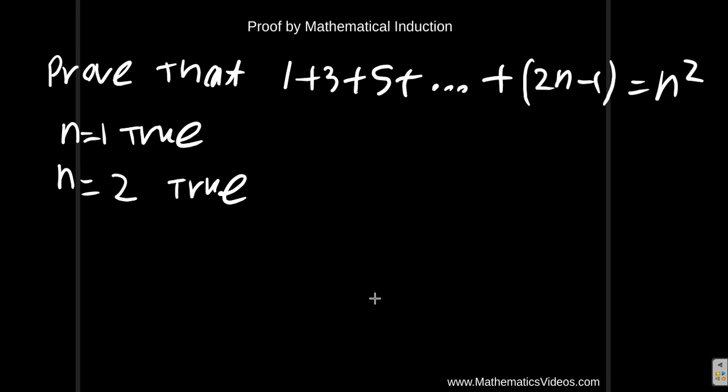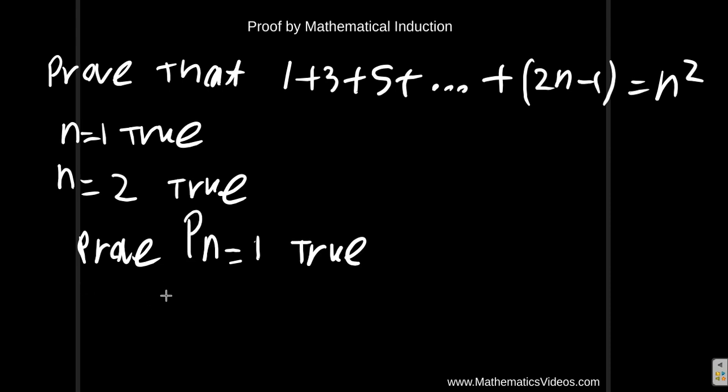So here, basically, you prove that it is true for n equals 1. Let's say Pn, because we generally use P. You can think of P as meaning a proposition, you propose an idea.